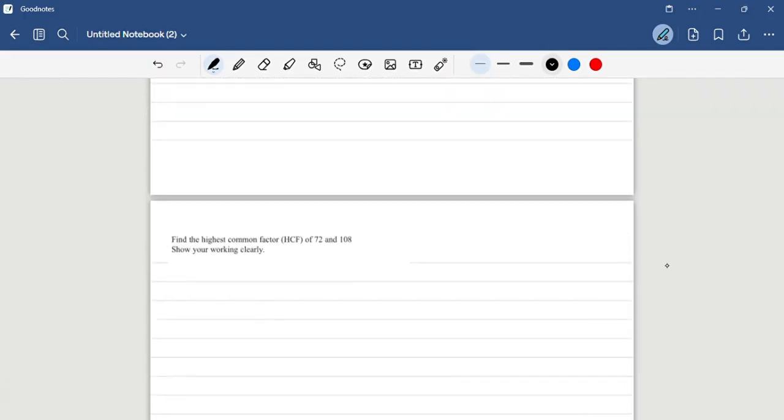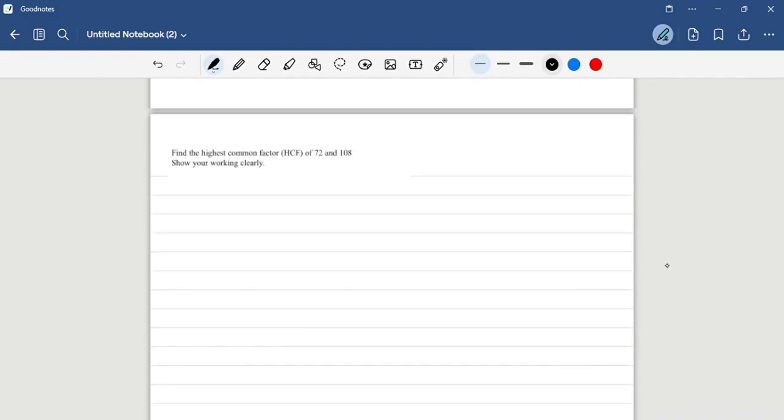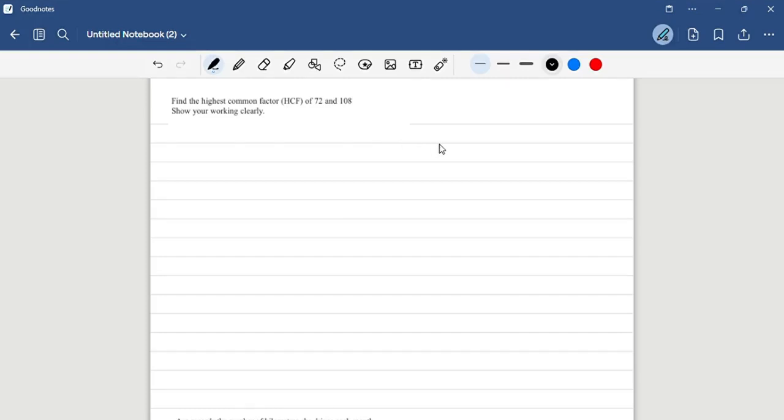Now, of course, for the second part, he said to find the highest common factor, HCF, of these numbers. For this part, he asked me for the highest common factor. Of course, if we need to figure out the highest common factor, I have to use a factor tree.